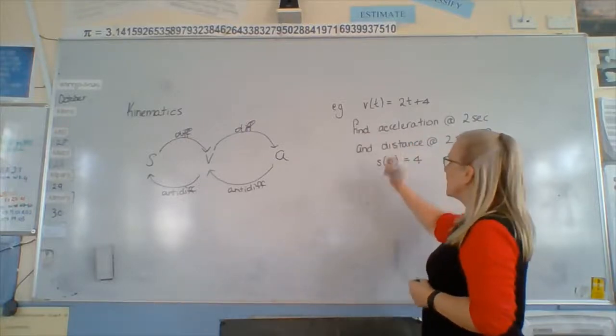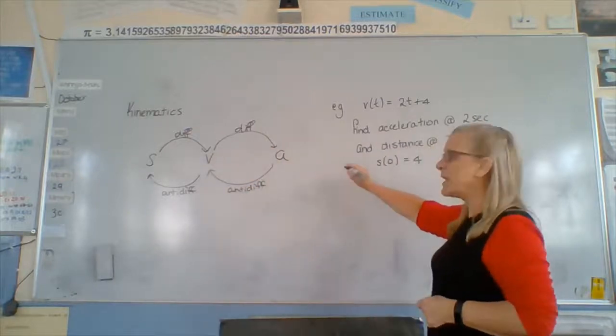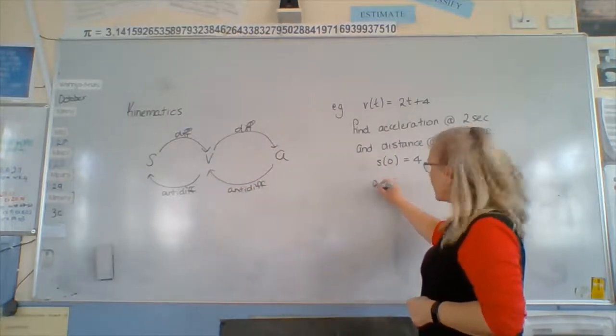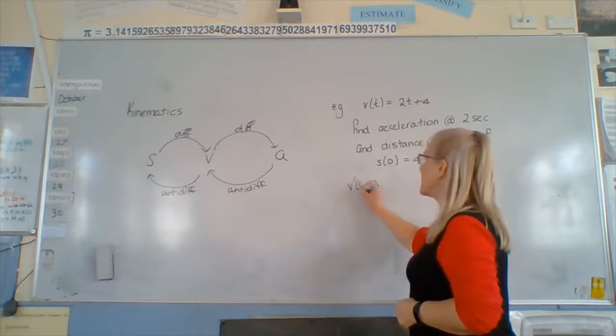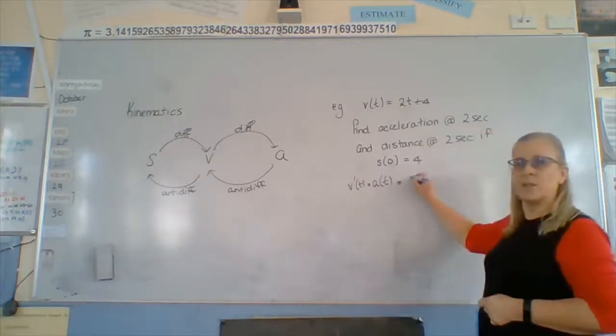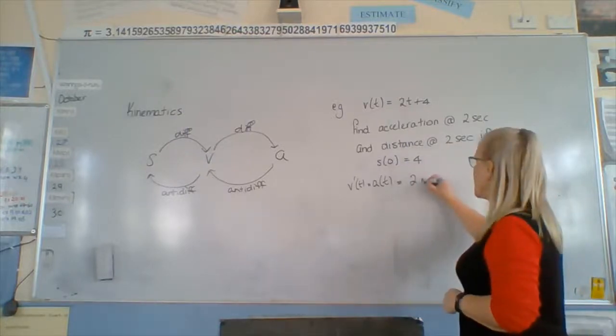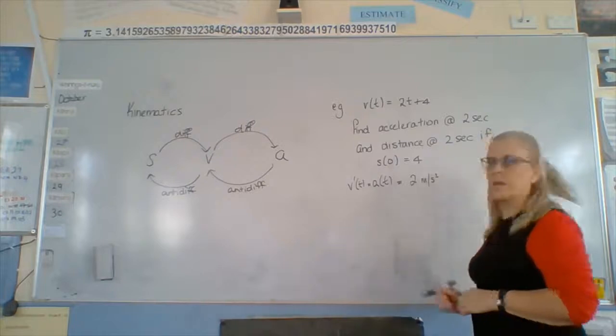So for the first one, if we're starting at V and we have to get to acceleration, we differentiate. So V dash of t is equal to A of t. And it equals 2. And they'd tell you that it was in meters per second or whatever, squared, right?